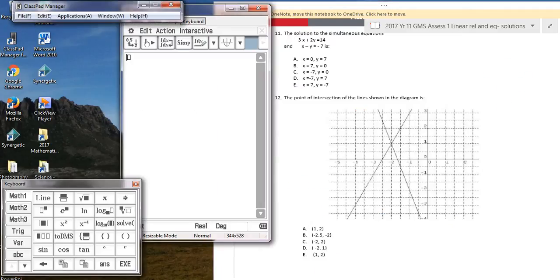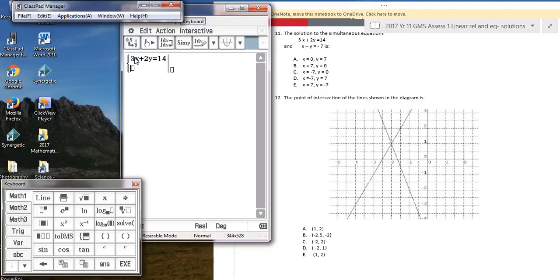Okay, for the last 2 questions, we've got one that is a simultaneous equation, which we clearly are just going to solve on our calculator. To do simultaneous equations, we use this button here, and we enter our equations as they are written above. So we have 3x plus 2y equals 14.